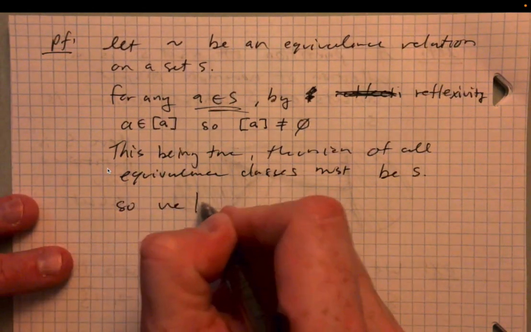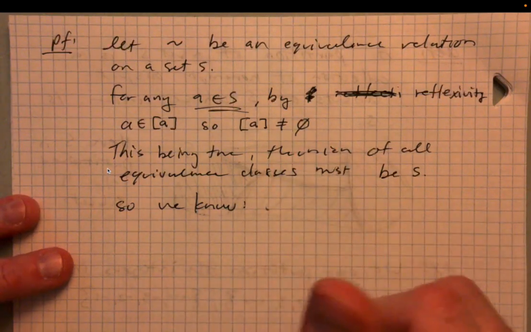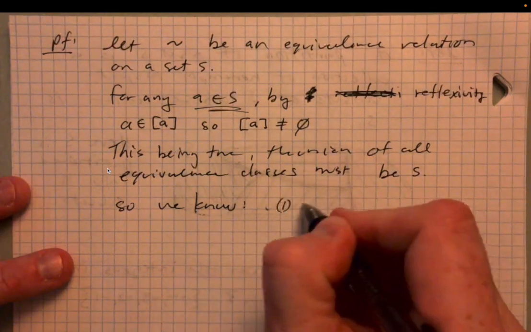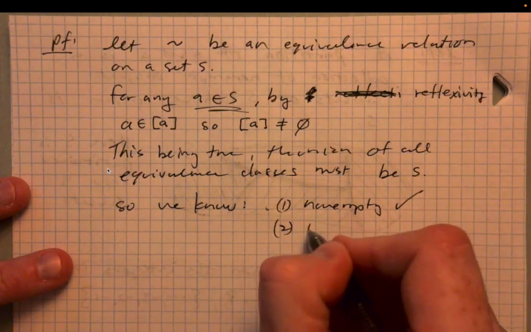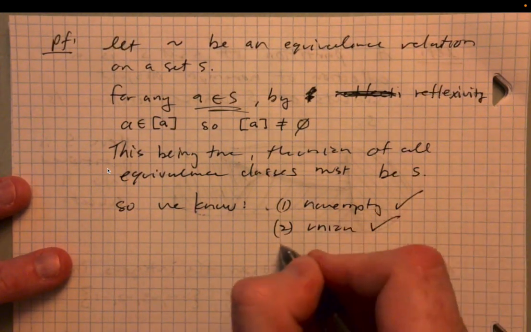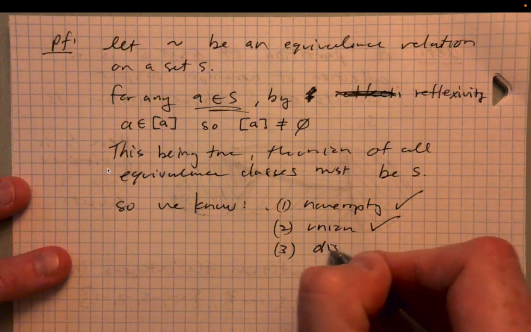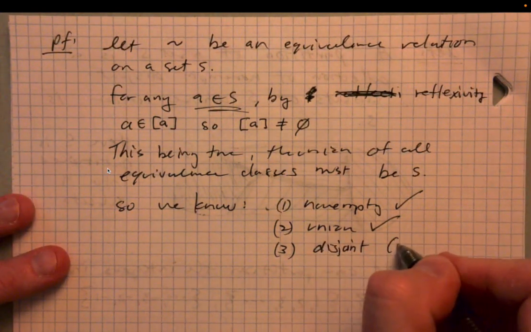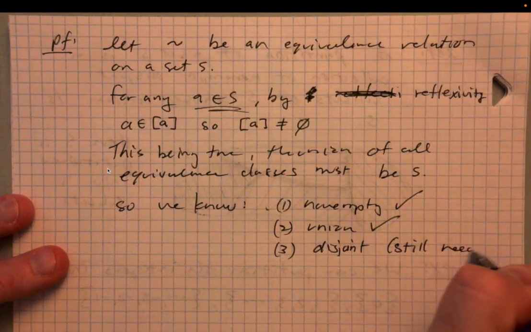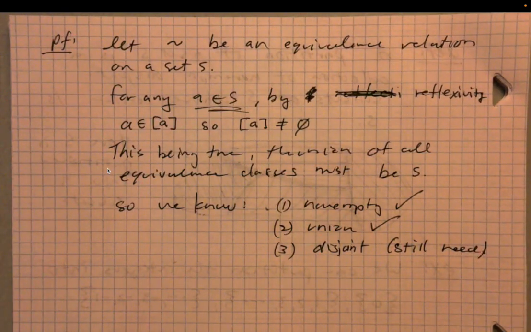So we've got the non-empty property, we've got the union, and we still need the disjoint property. Now we have to prove the disjoint.